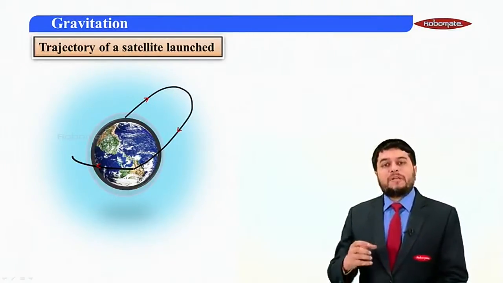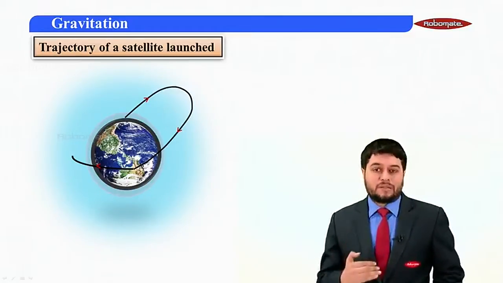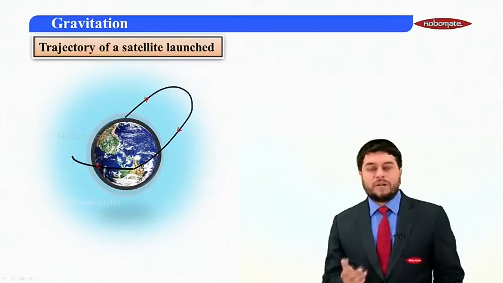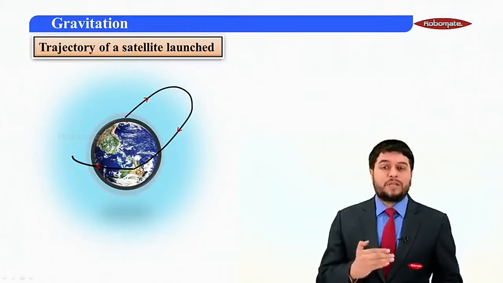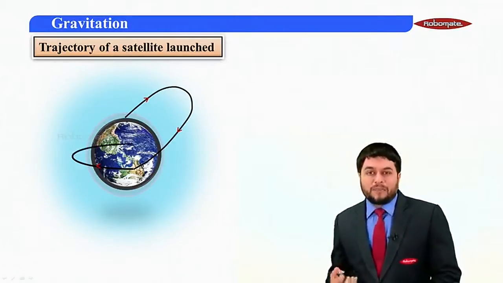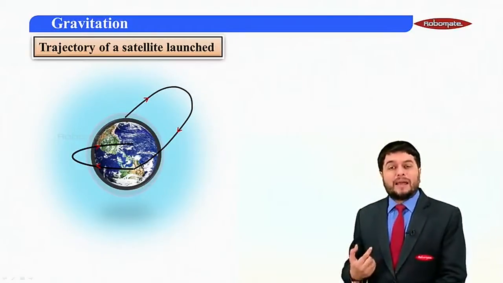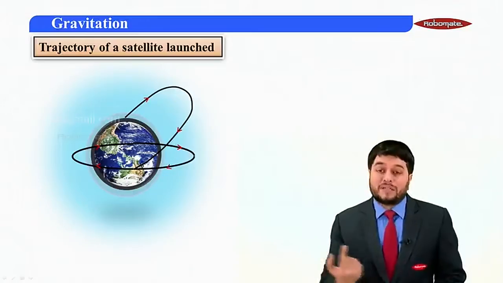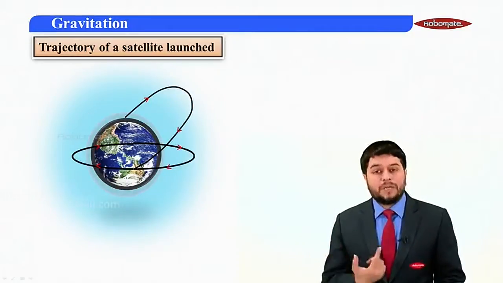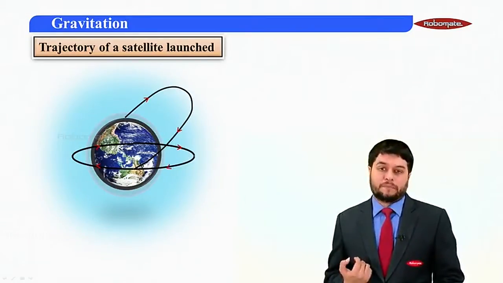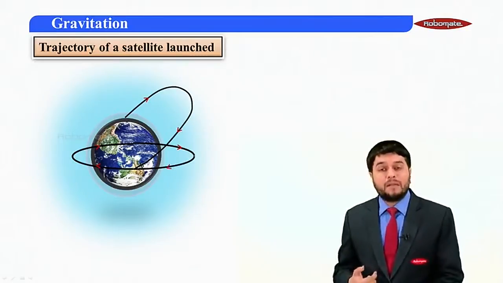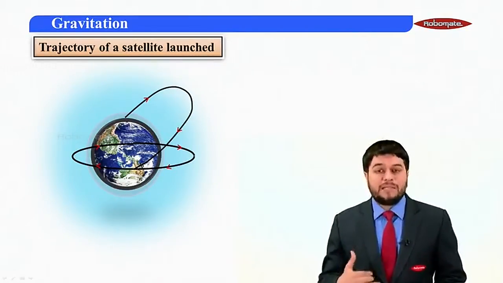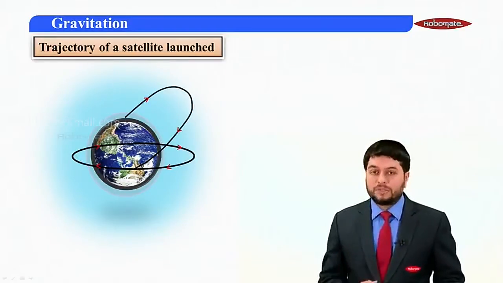With the help of multi-stage rockets providing the necessary horizontal velocity, vertical velocity, and small adjustments here and there, finally the orbit is set and the satellite is put into its trajectory. That's a circular orbit around the earth. It could be in the equatorial plane or in the polar plane. These are the major planes in which satellites are launched.